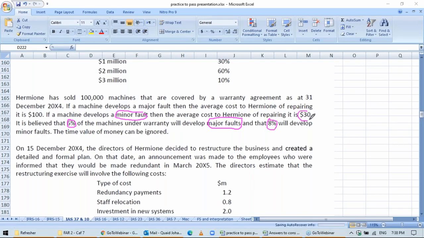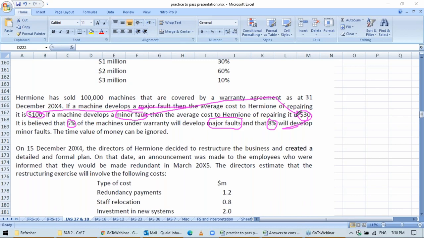And the cost of repairing is $30 for the faults. So $30 is for a minor fault and $100 is for a major fault. Right? Minor fault will result in a $30 repair.